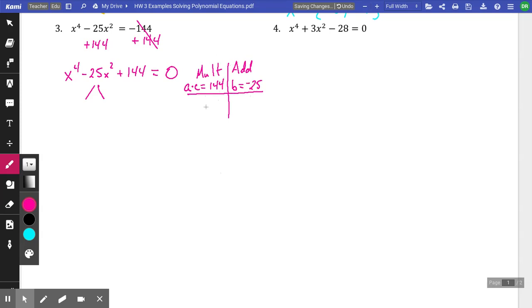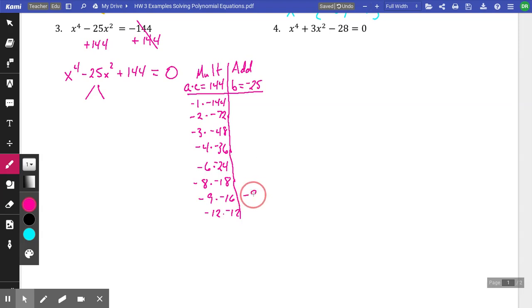And so you can go through, make a list of all of the integers that would multiply to 144, which I'll do now. And so I've created my list of options of integer values that will multiply to positive 144, and they're both negative. And only one of these scenarios will combine to negative 25. If I come down here, I get negative 9 and negative 16 are going to do that.